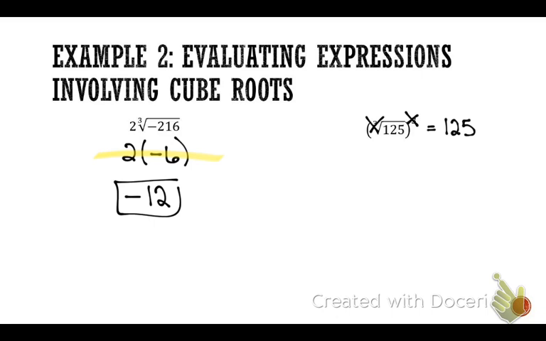Okay? However, all right, let's say that you forgot the rule. You can't remember the rule. All right, there's another way that you could show work in an acceptable way. You could put it in your calculator, what is the cubed root of 125? Nolan? It is 5. So you could also say 5 to the power of 3, which is 125.